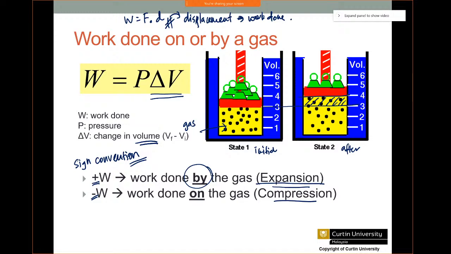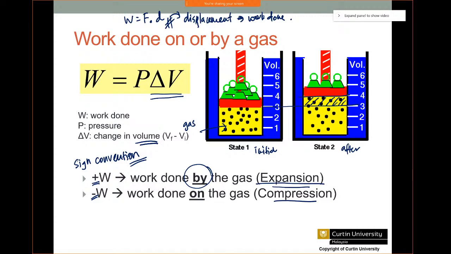This sign convention you have to memorize. Even though in your exam you can write them in your own formula sheet, I would encourage you to memorize them now, because you will still need it in your degree, especially if you are going for chemical engineering and mechanical engineering. These two will definitely deal with thermodynamics a lot.